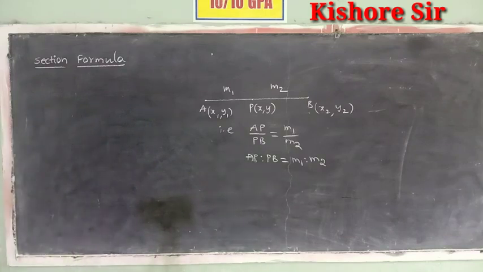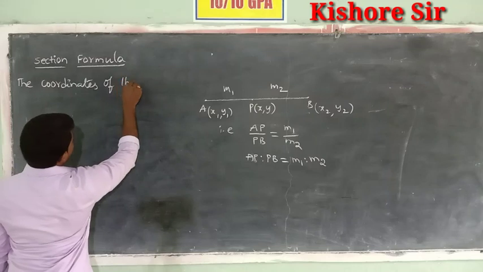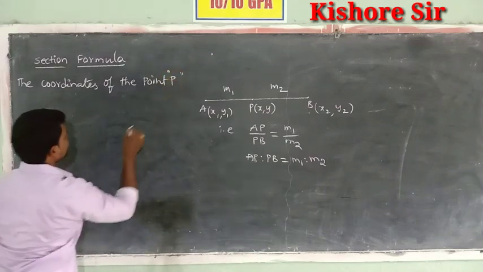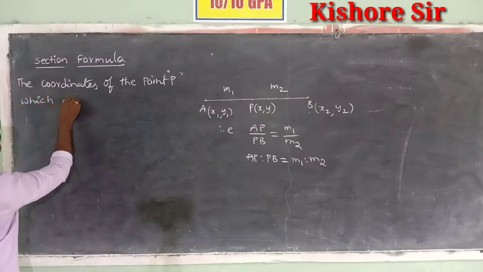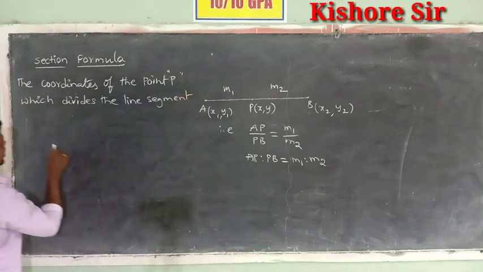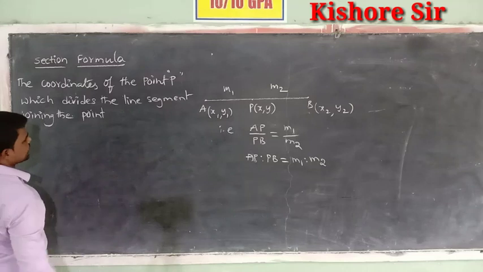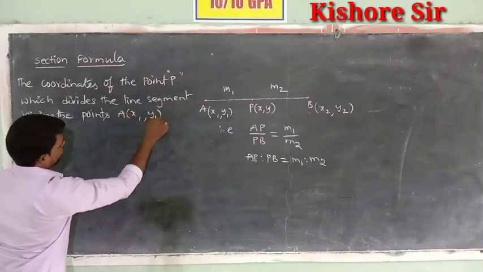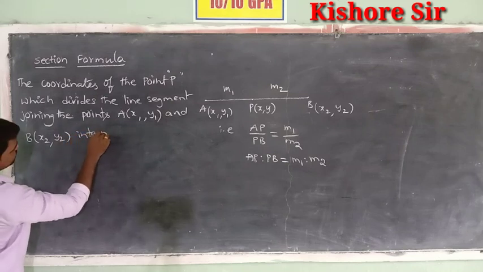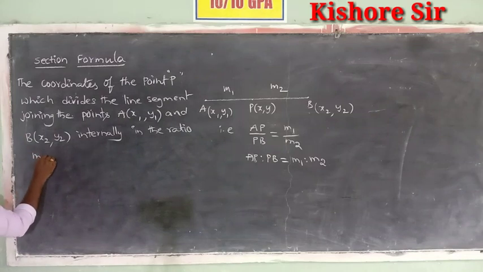Now the definition of section formula is: the coordinates of the point P which divides the line segment joining the points A x1, y1 and B x2, y2 internally in the ratio m1 is to m2.